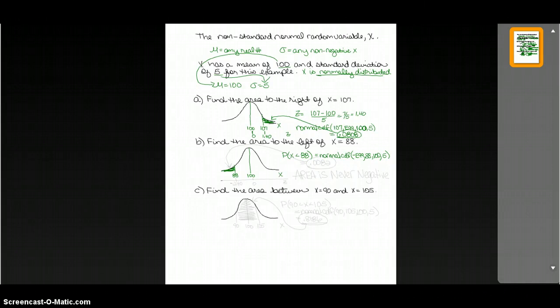Once again, we could get z-scores. There's no need to do that. If you want to get the z-score, you could use your z-score formula. The z-score for this one is negative 2.4. Kind of gives you a sense of how far away that value is. So the area to the left of z equals negative 2.4 is the same as the area to the left of x equals 88. Same thing. Okay, so once again, I'm going to use my normal CDF.